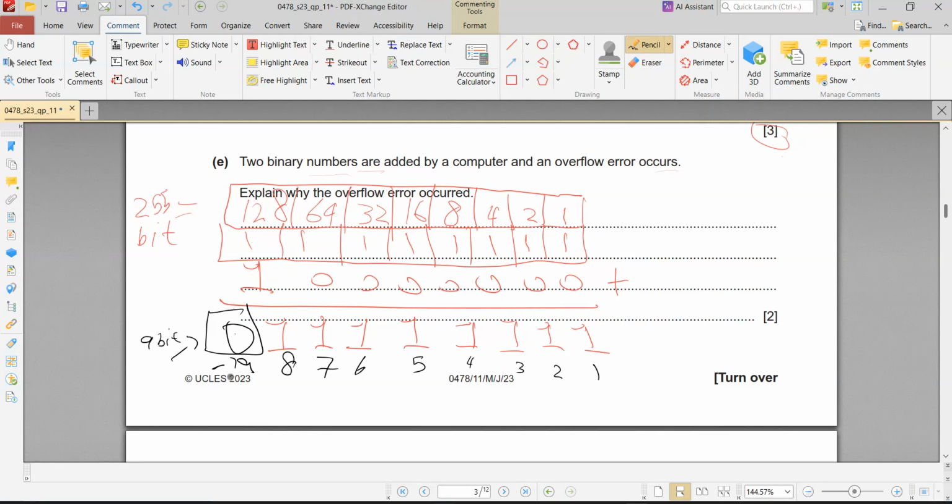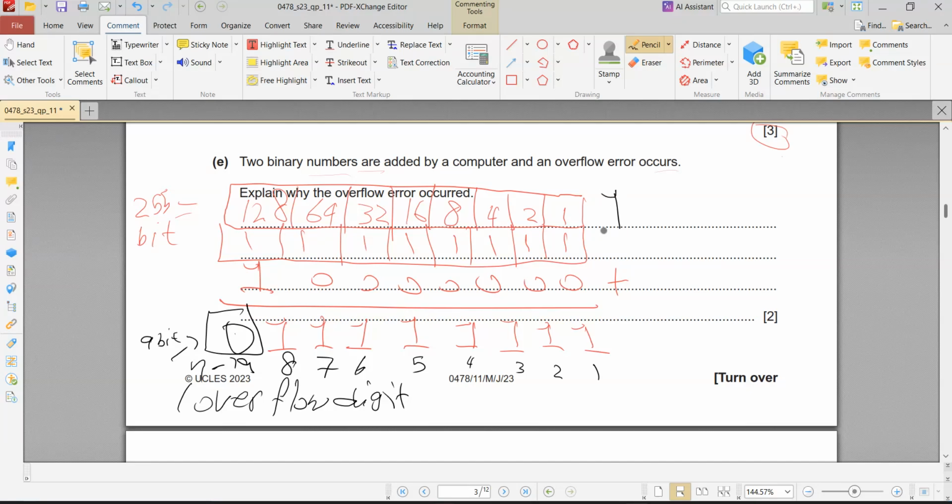So this is the overflow digit. You see that my register cannot store this bit in here, and it's too large for the 8-bit register size. So I'm going to give him two reasons.